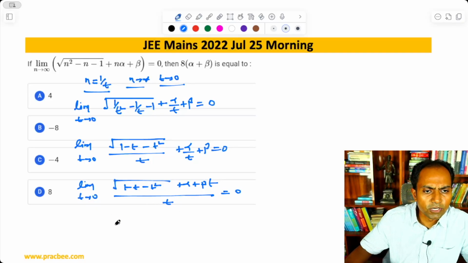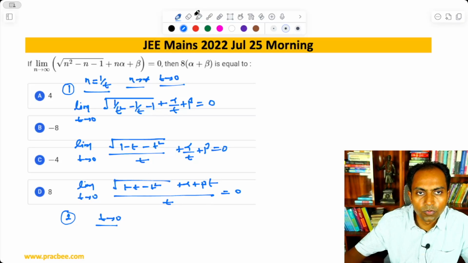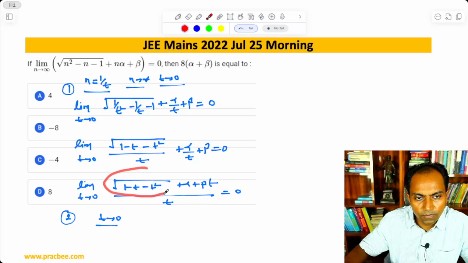If I look into this limit, this is my first step. In the next step, when t is tending towards 0, in the numerator, if you very closely observe, this part will become 1. This part will become 0. This will remain alpha. And this will become 0.